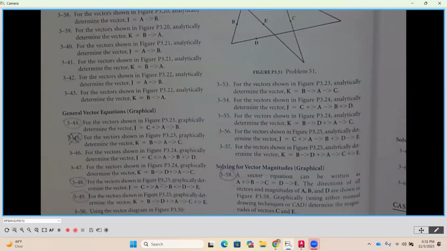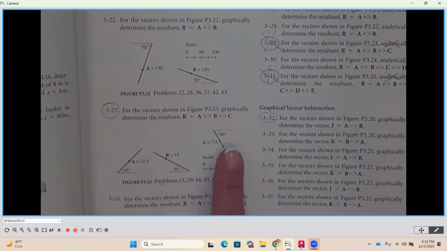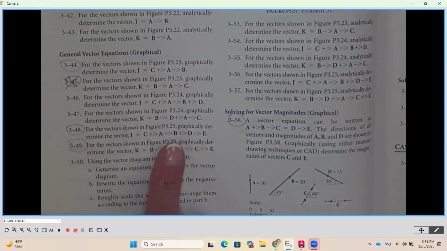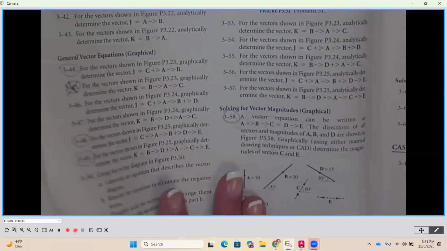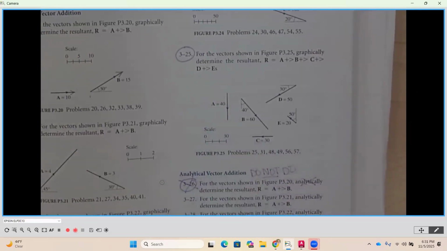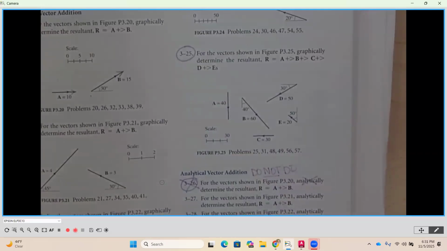You're going to find J when you take C plus A minus B. And this is going to be for the vectors in problem 323, which are these 3 vectors that you will also be doing. And then the last 2 problems that you have, 48 and 49, there's some subtraction here for J and K. And here, you're going to use those vectors from problem 25.